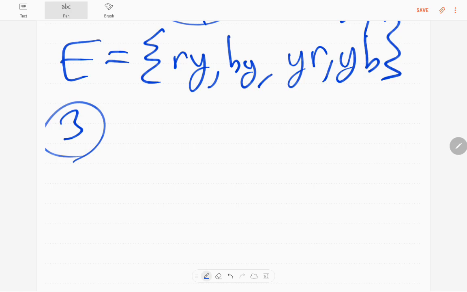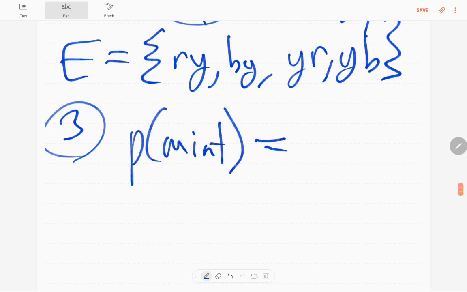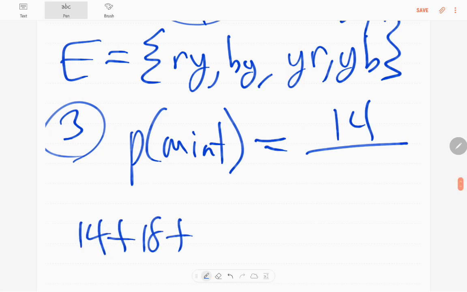A cookie is selected at random from a basket containing 14 mint cookies, 18 caramel cookies, 10 peanut butter cookies, and 28 sugar cookies. Find the probability that a mint cookie is selected. So this one is much easier than some of the other ones we just did. Well, I know there are 14 mints in the basket. So how many total are there? Well, we have 14 mints, 18 caramel, 10 peanut butter, and 28 sugar cookies.